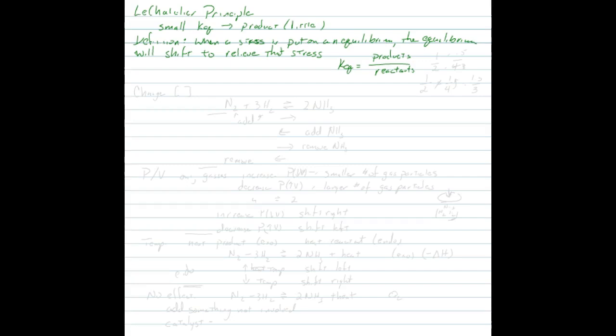If the ratio is, say, supposed to be 1 to 2, but you put in more reactants, to keep that 1 to 2 ratio, you're going to have to decrease some of this and make more of this until it gets to equilibrium, which would be 1.5 over 3, which is still 1 to 2.